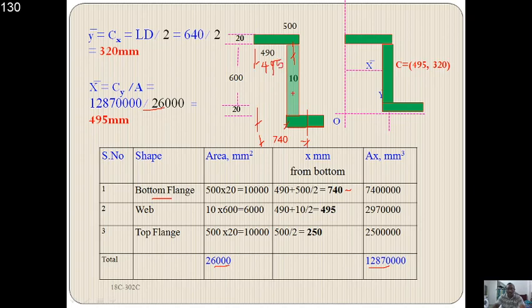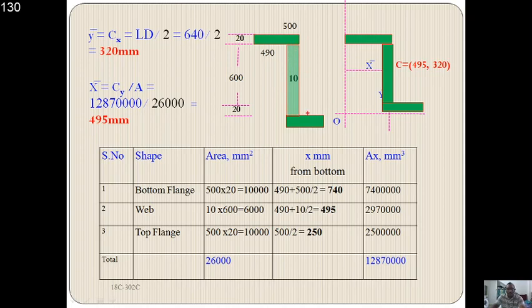So that is where the axis will be. And similarly for the top flange, here it would be 500 by 2, therefore it is only up to here, 250. So with that we understand that there are three axes.